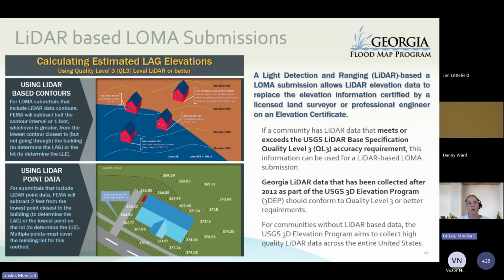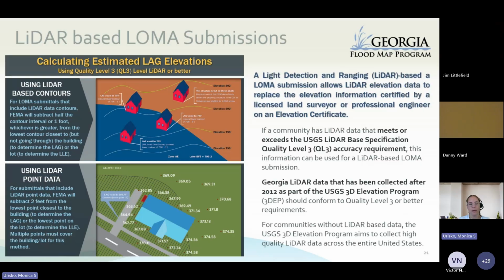All right, so this is not specifically BLE related, but the LiDAR, or the terrain that we use to create the BLE, is a really good source of information, and you could actually estimate the LAG. The LAG is the lowest adjacent grade for each property using the LiDAR information. There's two methodologies that we're using to estimate the LAG.